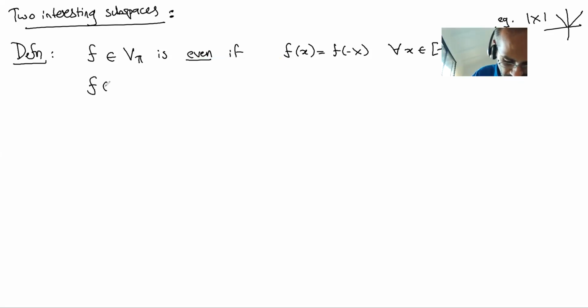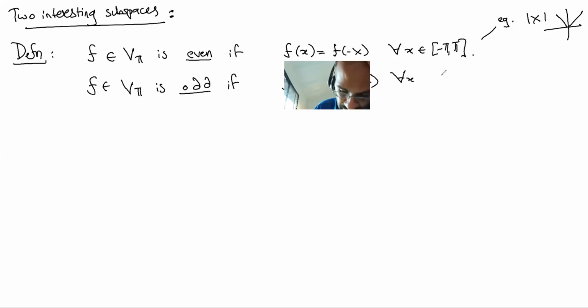And the function is odd if the opposite happens. If you look at f of minus x, you get minus f of x for every x in minus pi to pi. An example of a function like that is x cubed, or actually even just the function x, right?